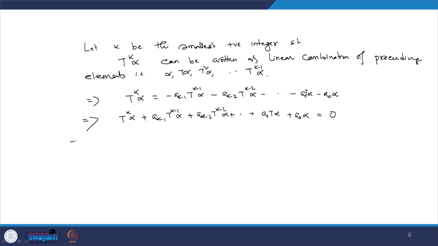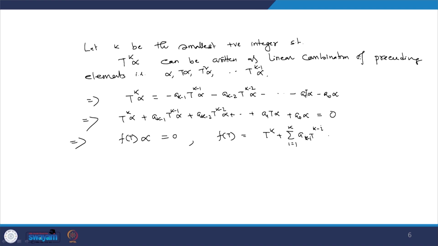So, this implies that if I consider f of t alpha equal to 0, where f of t equal to t to the power k plus sigma a i and t to the power k minus i, i equal to 1 to say k.